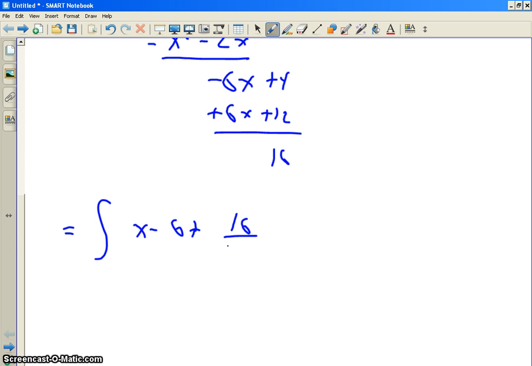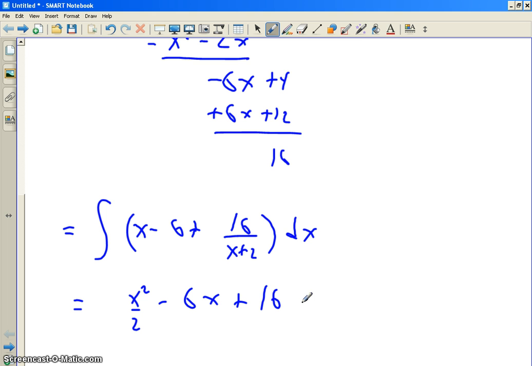Yeah. And now you know how to integrate all of that, right? It's almost like 3 separate integrals. So this one, x squared over 2 minus 6x plus, well, don't forget the 16 in front, ln absolute x plus 2, and you're done.